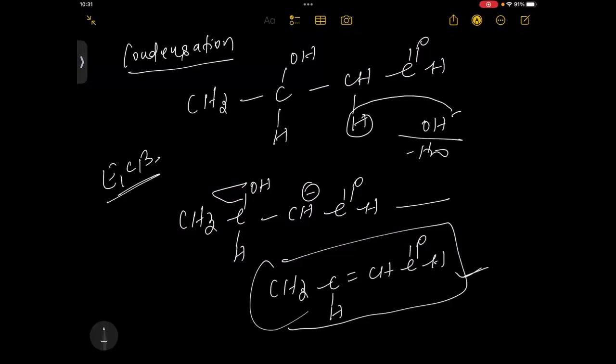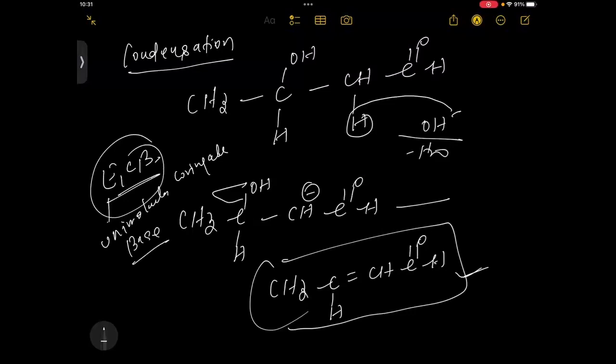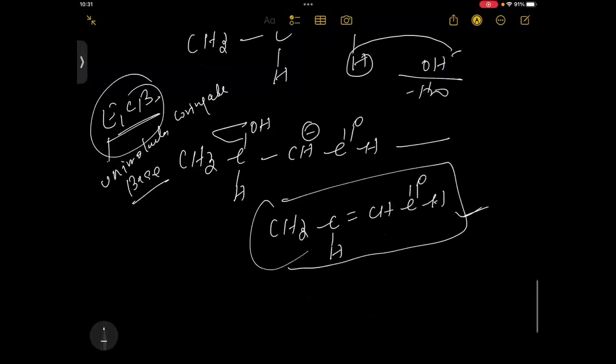But for general knowledge or for JEE students, it is a very important part. This whole part is the E1CB mechanism, meaning unimolecular conjugate base. This mechanism is different from E1 and E2. It is a typical mechanism.